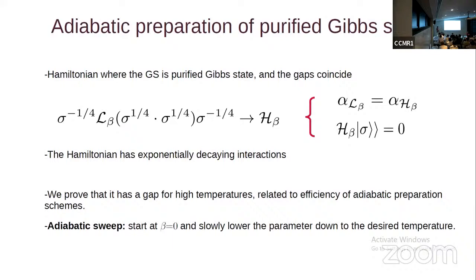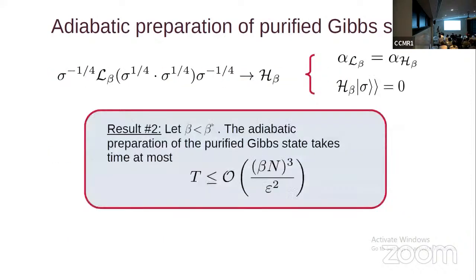Namely, we can again look at these Hamiltonians we obtain by mapping the Lindbladians into these Hamiltonians, and it turns out that we can do again a perturbation in beta from beta equals 0 until the desired temperature. We do adiabatic preparation, where we vary this parameter beta, and we can show that you can efficiently prepare the purification.